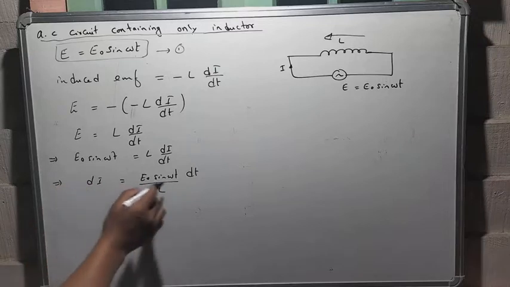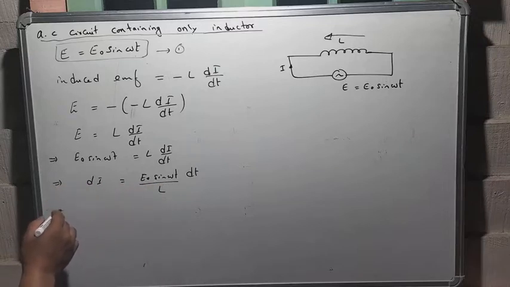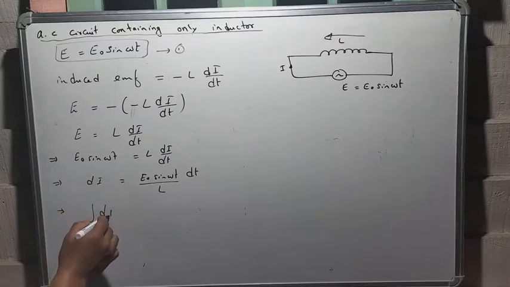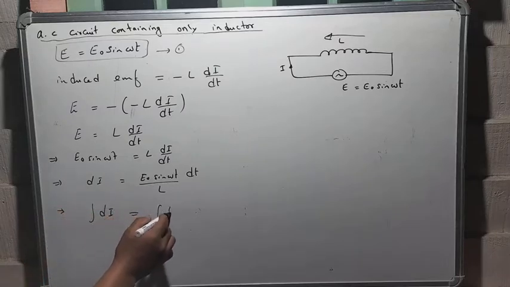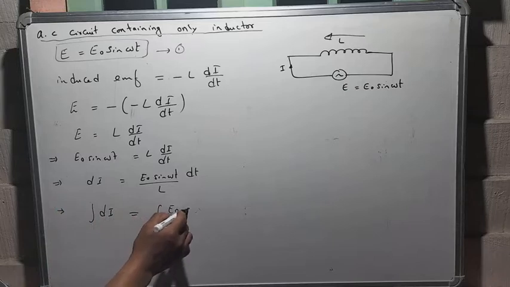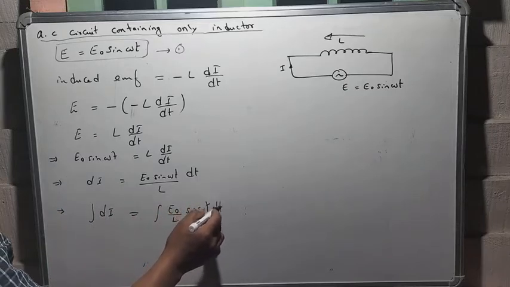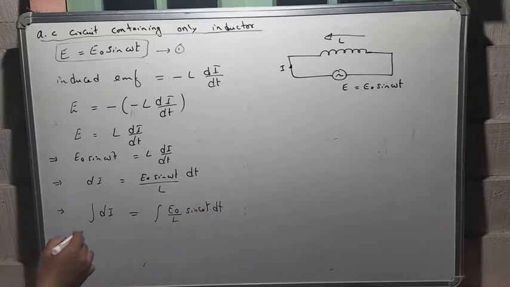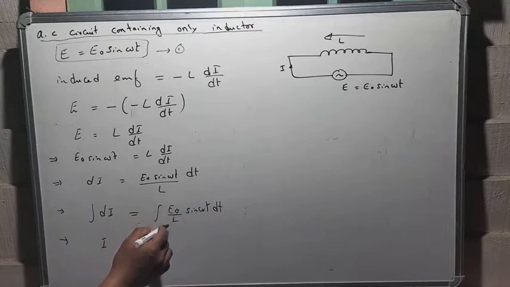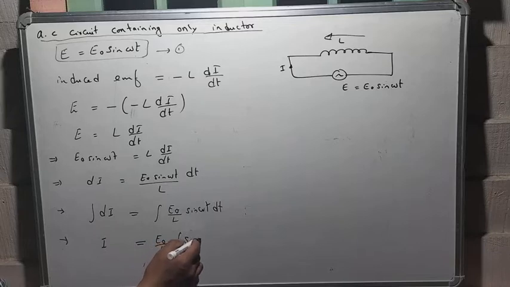If you integrate this equation on both sides, you will get the integration of di on the left, and on the right you integrate E naught upon L sine omega t dt. The integration of di is I. E naught upon L are constants, so we take them outside the integration sign and integrate only sine omega t dt.